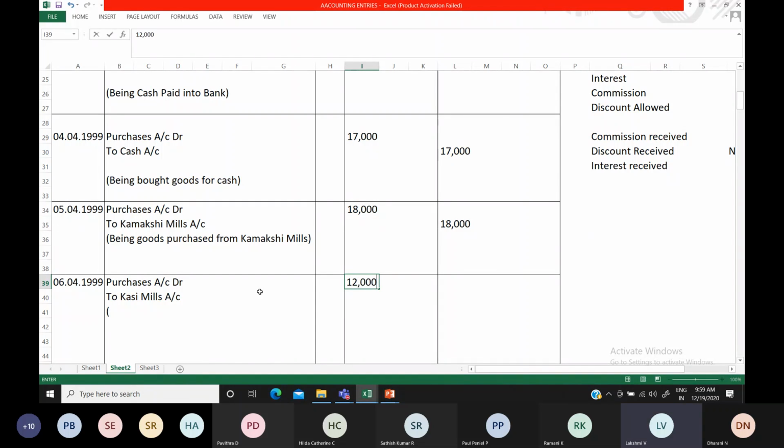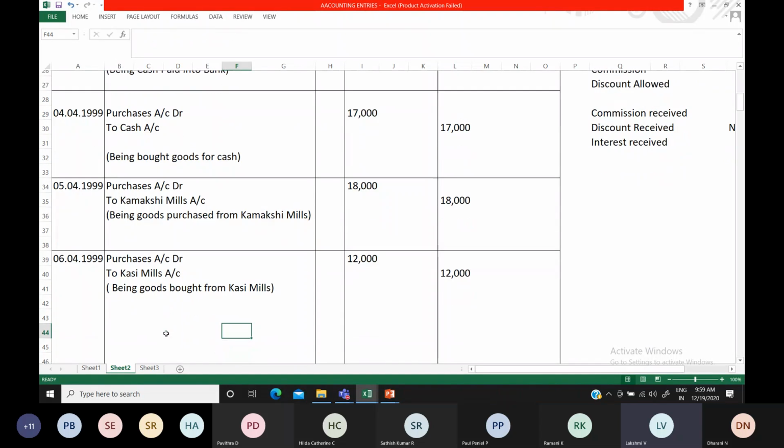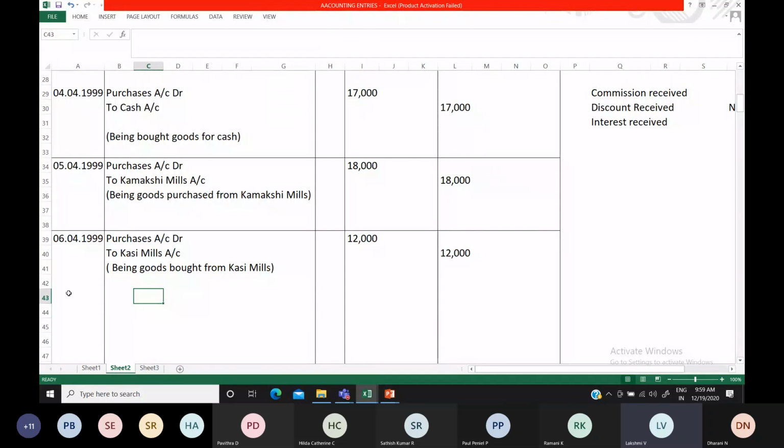You have to write a narration for this: being goods bought or purchased from Kasi Mills. You can mention it like this.